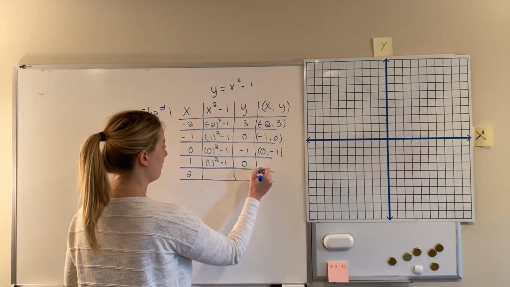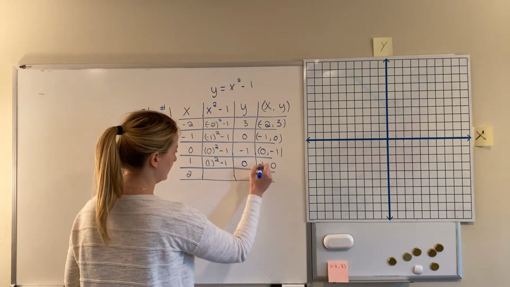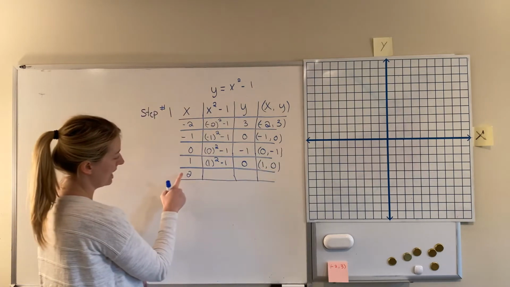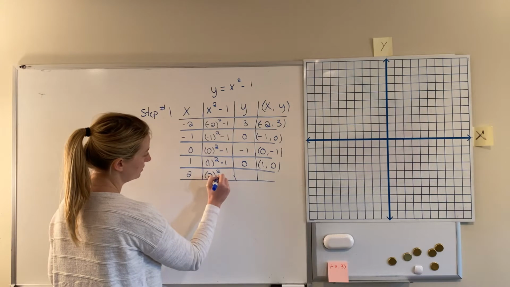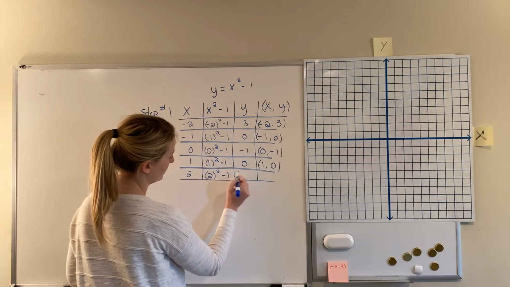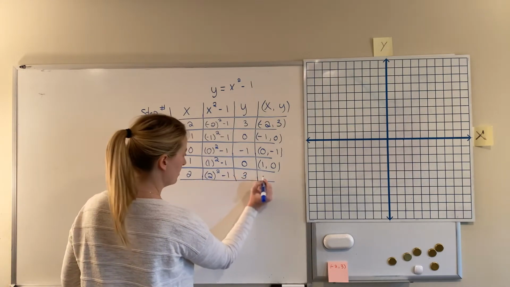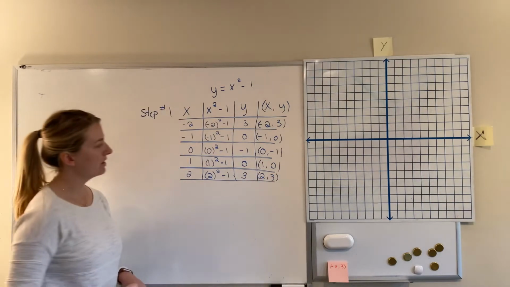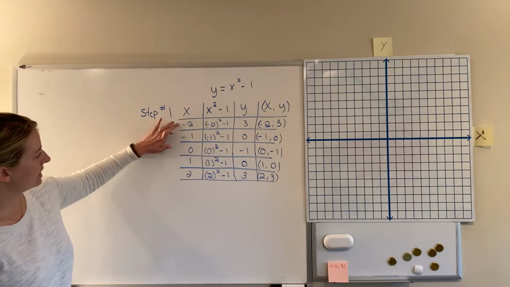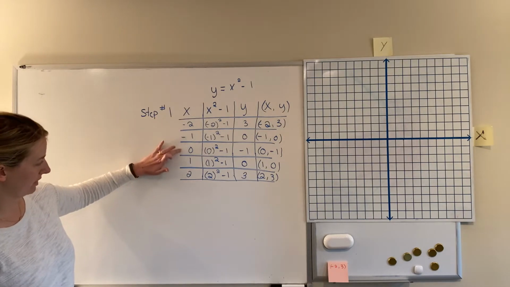And now we have +1, 0. Next, plug in your 2. 2 squared is 4. 4 minus 1 is 3. 2, 3. And now you can notice kind of a pattern. So we did -2, -1, 0, 1, 2.